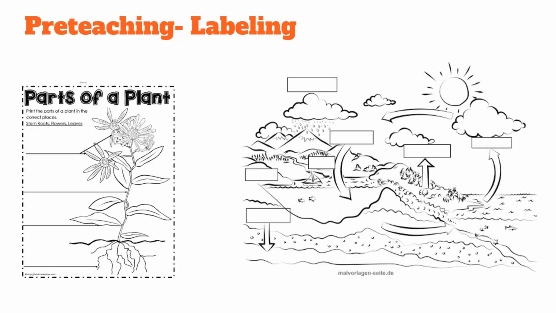So this is going to help the teacher gather information about what needs to be taught. So I may label this plant with the students, and then it provides a frame of reference for the students as I begin to teach them about the actual parts of a plant.